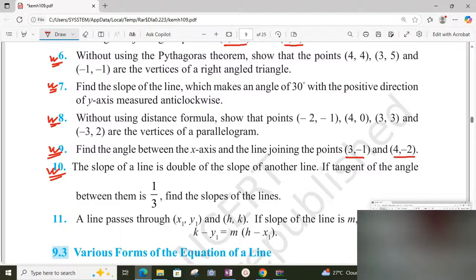The slope of one line is double the slope of the other line. If we suppose the slope of the first line is m1, which is theta, then the slope of the other line is m2 equal to 2 theta. The tangent of the angle between them is given, so tan theta is 1 by 3. Find the slopes of the lines. Hope that there is no problem to understand the question. Let's see the solution.